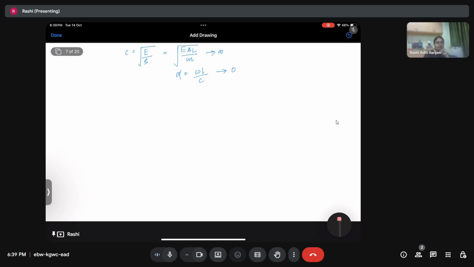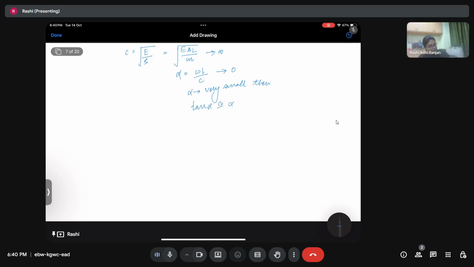Now, if it is tending to 0, we can assume that alpha is very small. If alpha is very small, then tan alpha is nearly equal to alpha.